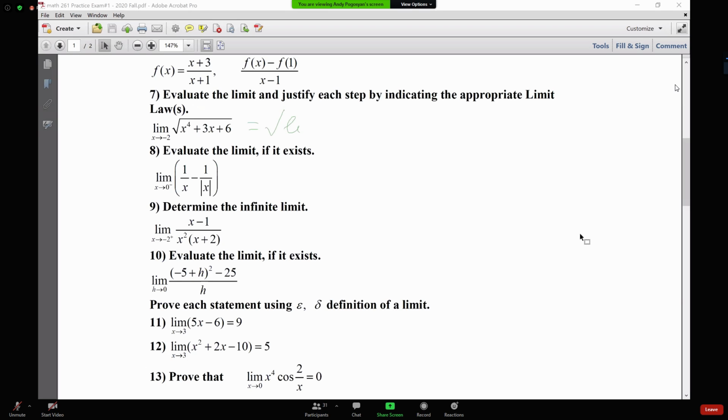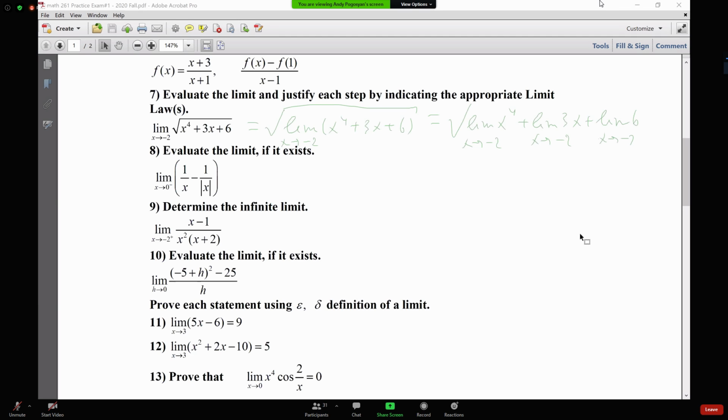So you have the limit as x approaches negative 2 of the fourth root of x to the 4 plus 3x plus 6. This is the first step. Second step, the limit of the sum can be written as the sum of the limits. So you need to have the limit of x to the 4, the limit of 3x, plus the limit of 6, as x approaches negative 2.